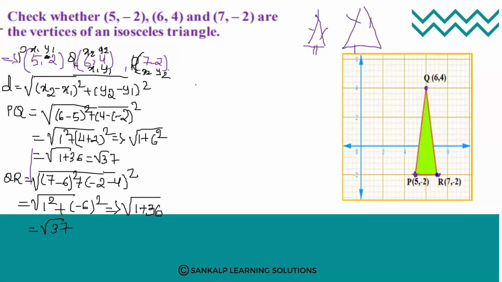Third side, let us check. Which is the third side here? PR, so P to R. If we consider P to R, this is x1, y1 and this is x2, y2.